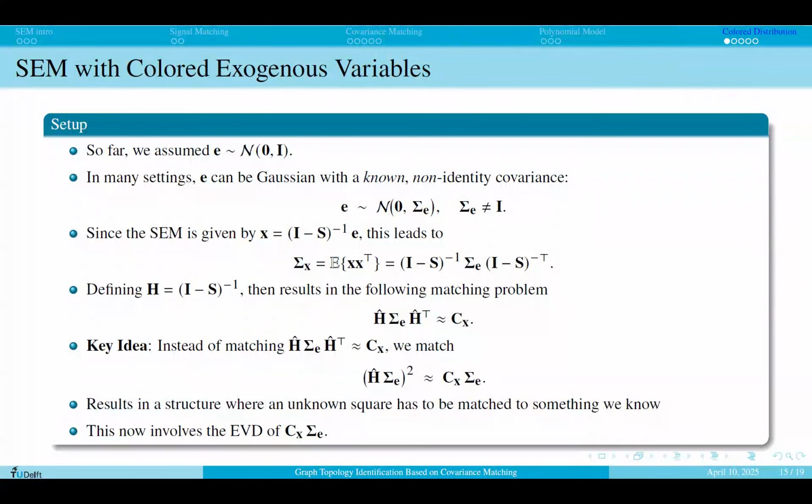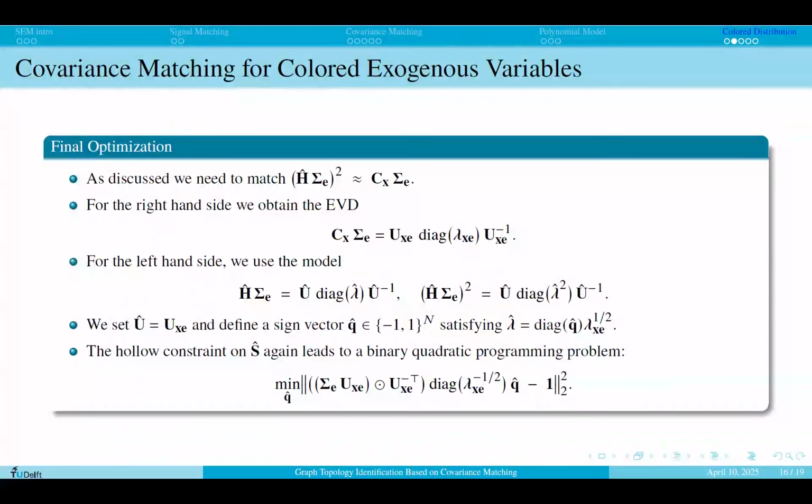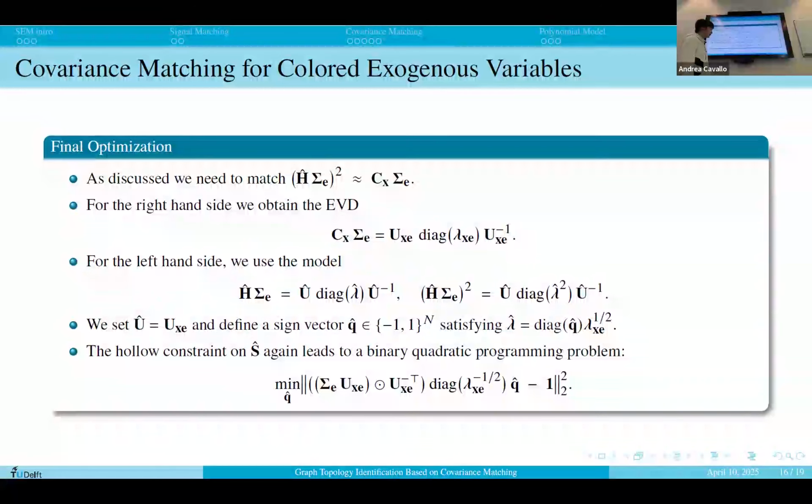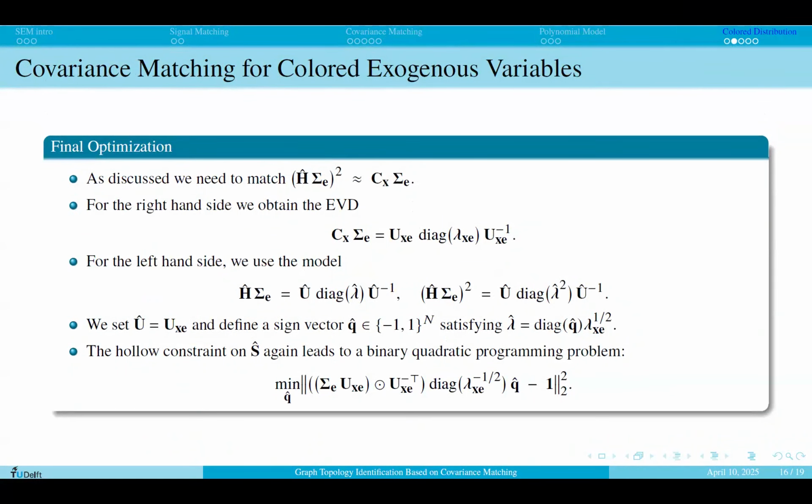This is something we prefer, and again, like the previous step, we can do eigenvalue decomposition on both sides. For the sample covariance, we do eigenvalue decomposition, and for the expected covariance, we also do eigenvalue decomposition. And here you can see we still have a sign ambiguity.